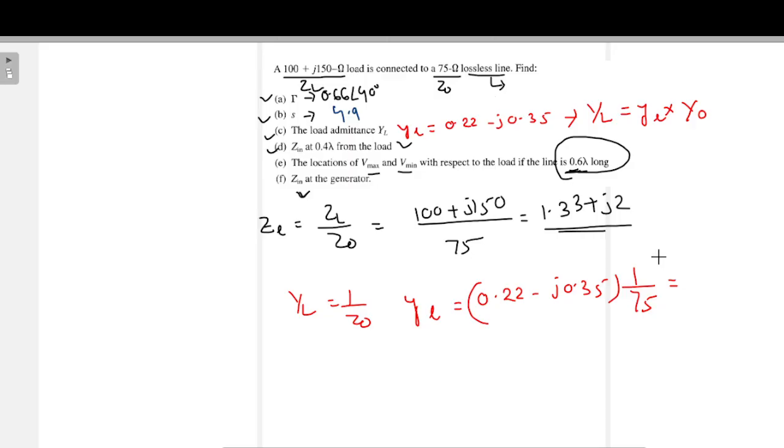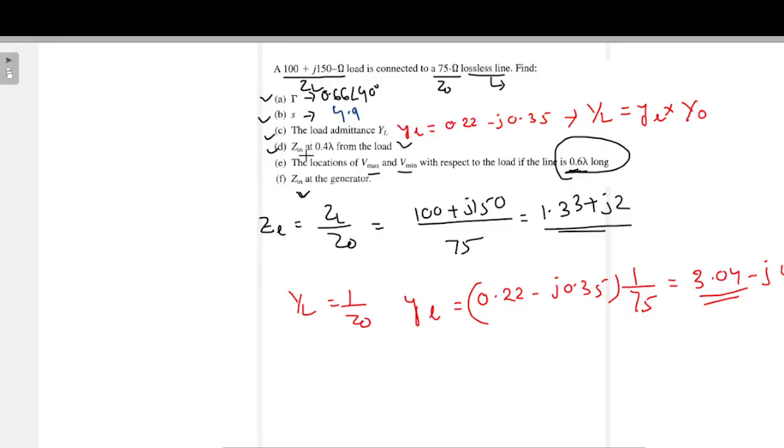Yeah, the value comes around 3.04 minus, so here minus is there, and the next value is 4.67 millisiemens, so we have to write the unit as well. Now the admittance value is this much, so this is the answer to the second one.